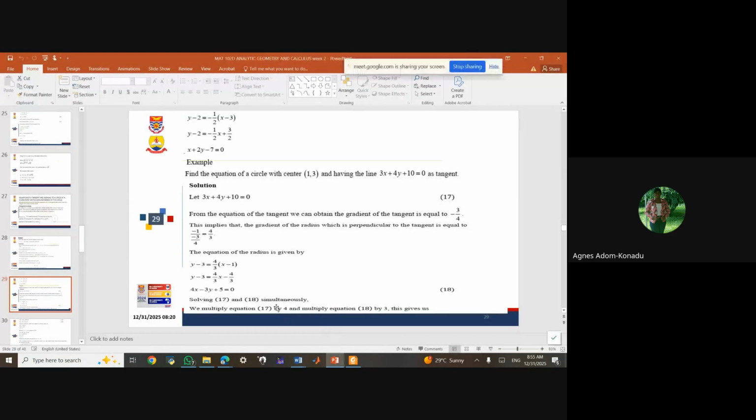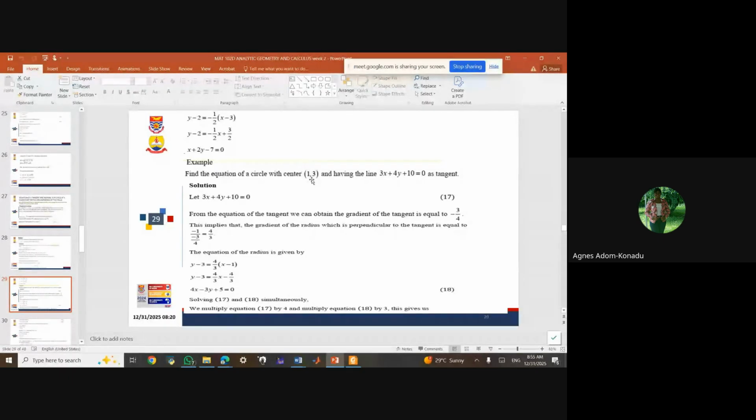So we are saying the tangent has gradient -3/4, and this implies that the gradient of the radius, which is perpendicular to the tangent, is 4/3. So we need the equation of the radius.